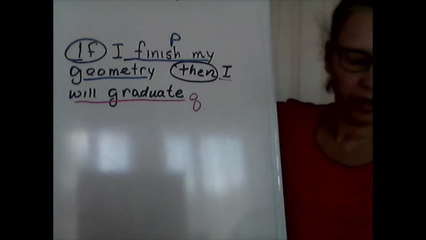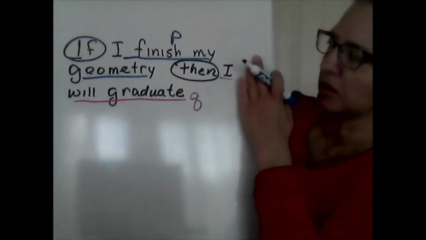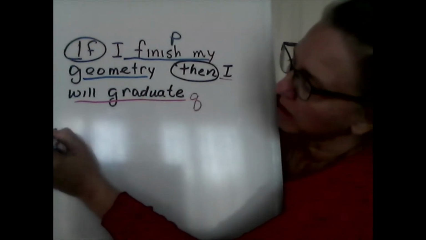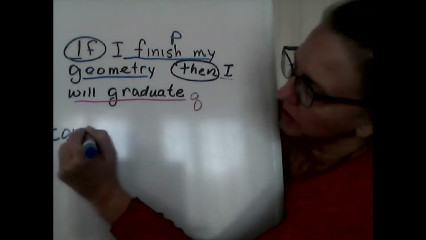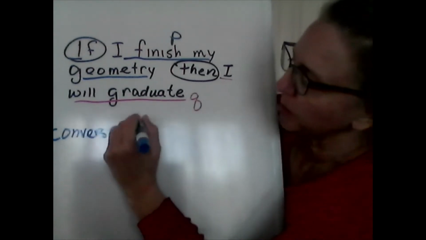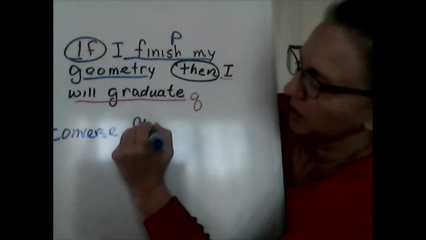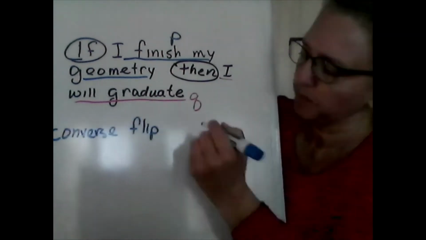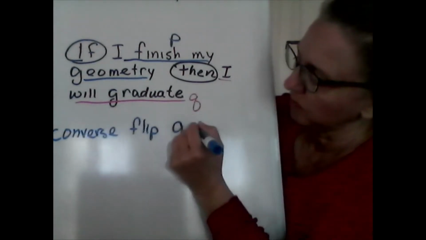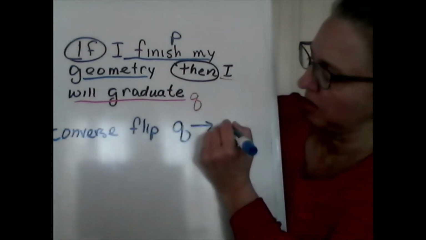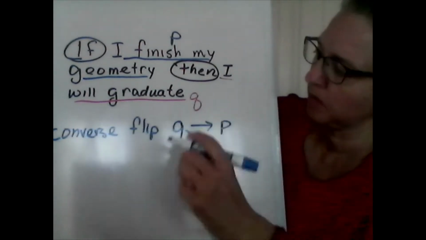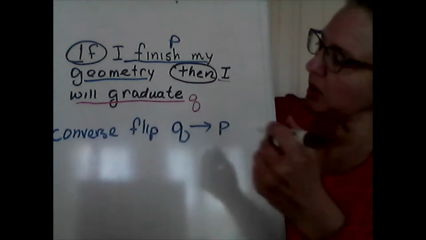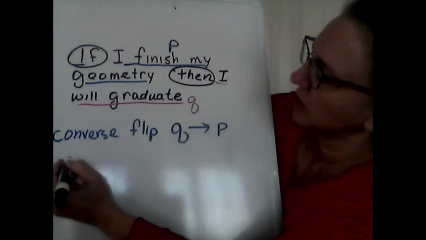Now, when we write these sentences, this is our original. Our converse is just a flip. You're going to write the Q first, and then the P. So this sentence would be, do the Q first.